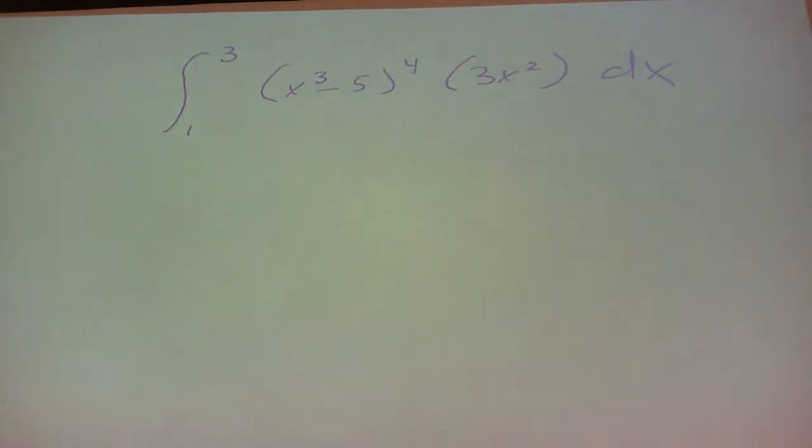So again, you need to know 5.1, you need to know 5.2, in order to do 5.5. If you're like, hey, all we're doing is plugging in the upper number minus the lower number, you're right. But if you don't know how to take the integral, you can't do that. So do the u substitution first. We did like 10 of these last time.